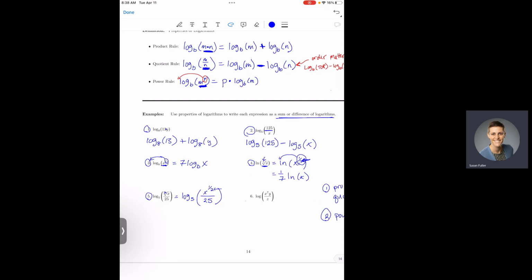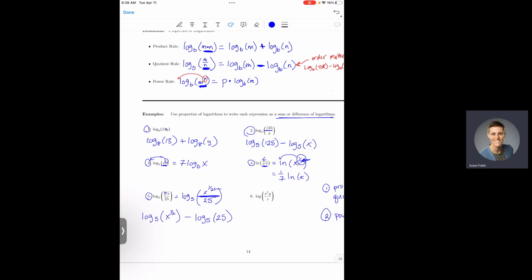So since we have a power and division, we're going to do that division first. Since we've got division, we'll use the quotient rule, and we are going to do log base 5 of the top, which is x to the 1/2, minus log base 5 of 25, top minus bottom.